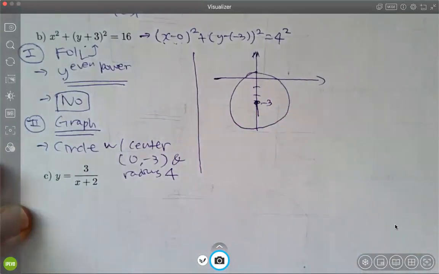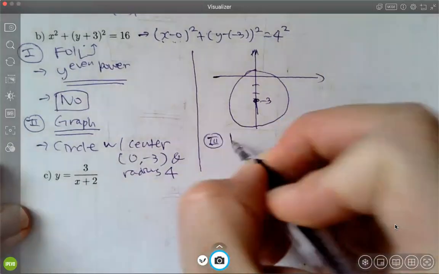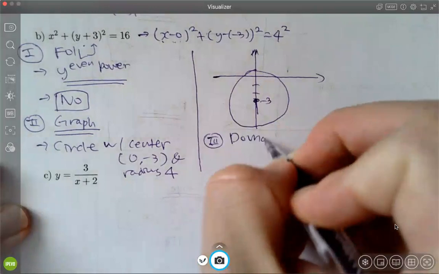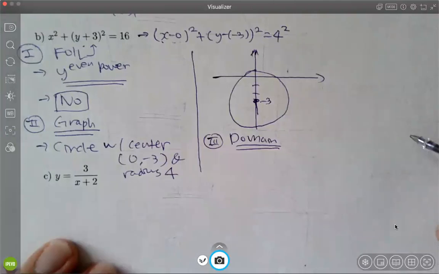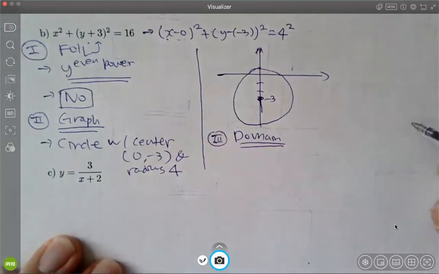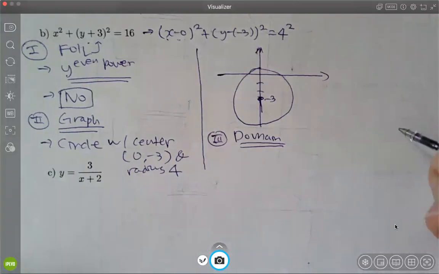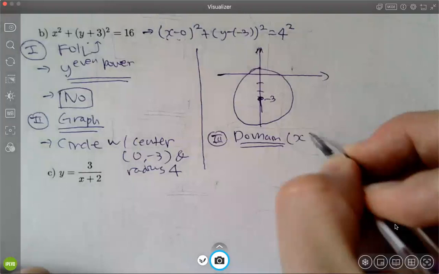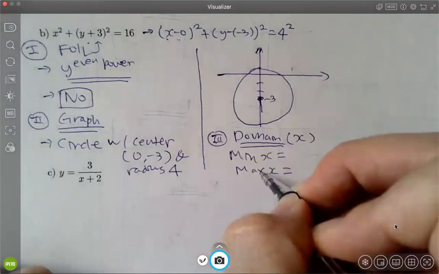Okay. So now, from this graph, can you see the domain and the range? So here, even though we are not seeing the square root and the rational function, is the domain and range everything? No, right? So what is the domain? To tell the domain, we have to find the minimum x and the maximum x.